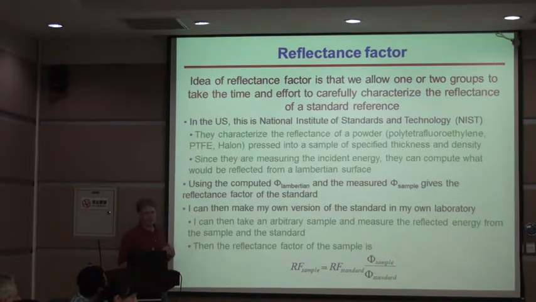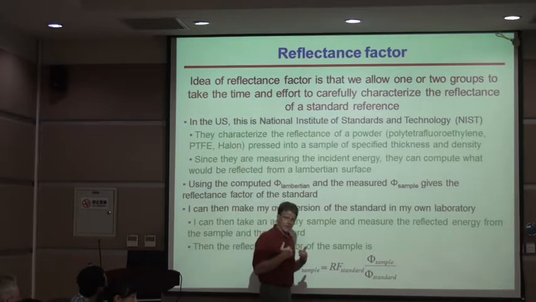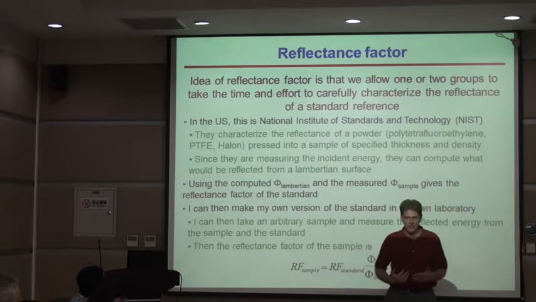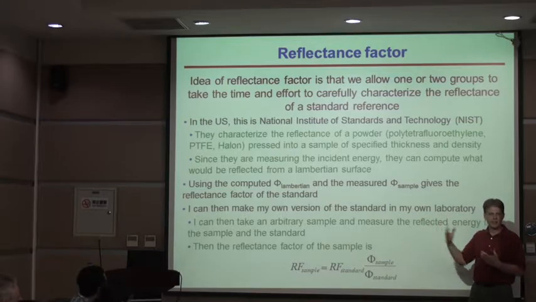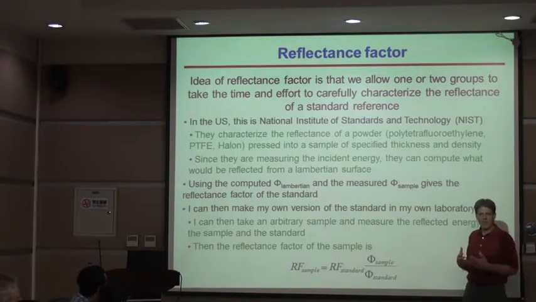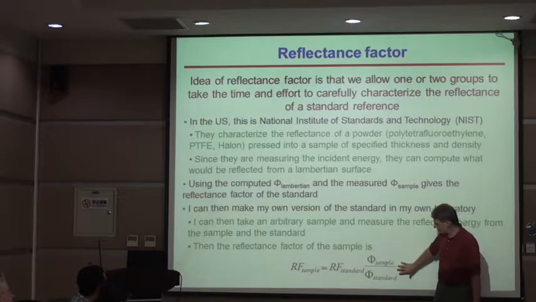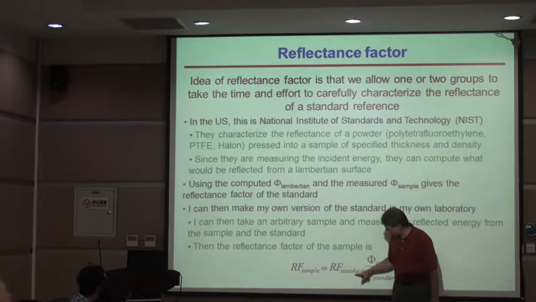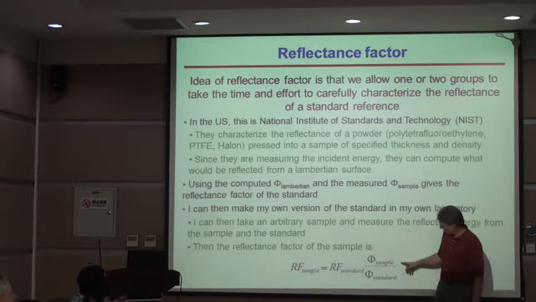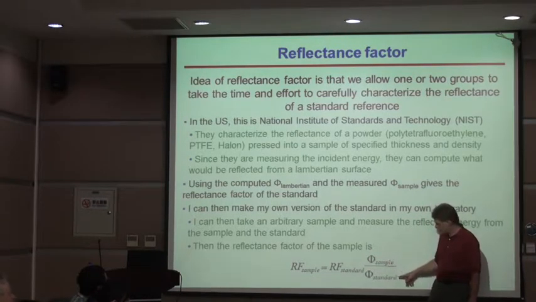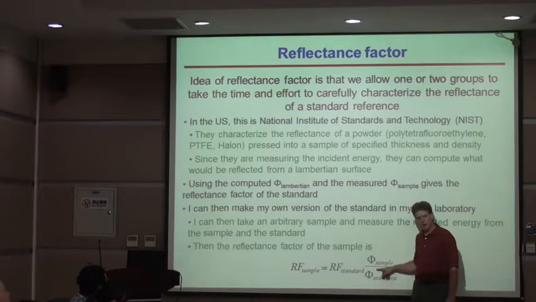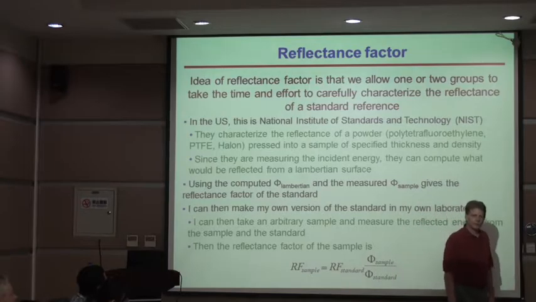Reflectance factor. What's a really odd thing is that this was developed purely by the metrologists as a way to get rid of the incident term in one regard. The reflectance factor down here is: if we know the reflectance factor of a given standard, and we know the radiant flux, the energy coming off of a sample, and the radiant energy coming off of the standard surface, that will give us the reflectance factor.